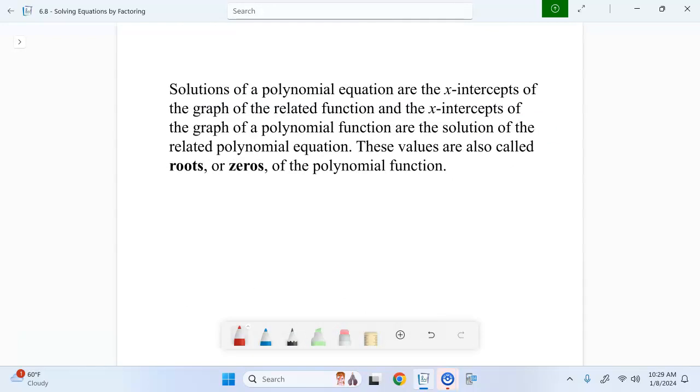Last thing I want to tie in here is that the solutions to a polynomial equation are the x-intercepts of the graph of the related function, and the x-intercepts of the graph of a polynomial function are the solutions of the related polynomial equation. We also call these values roots or zeros of the polynomial.